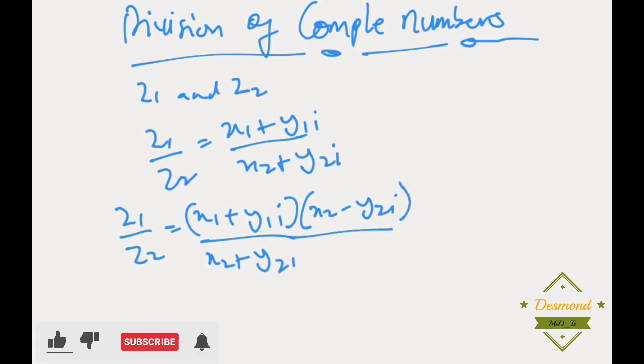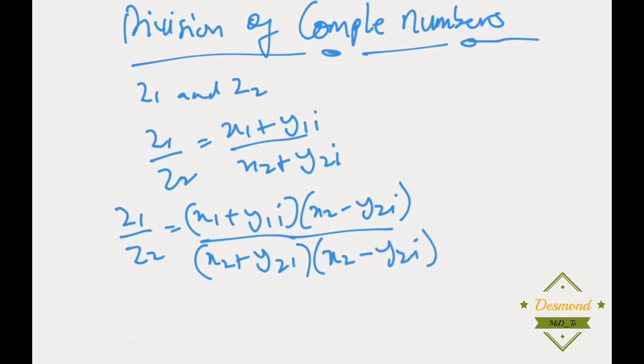The same thing applies to the denominator part. So this multiplies the conjugate form of itself, x2 minus y2i. Then you just go ahead and expand it.